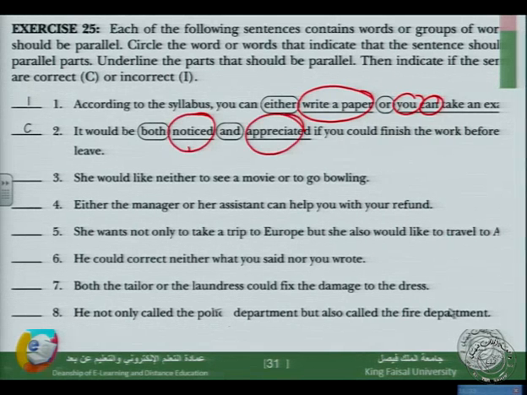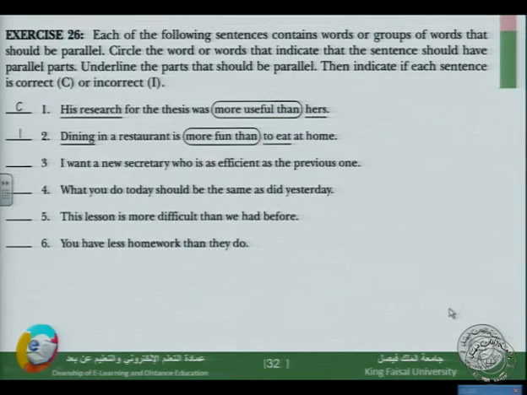The second: it would be both noticed and appreciated if you finish the work before you leave. Noticed, appreciated: adjective, adjective. And here we said that we can also make a parallel structure by using comparison. Remember? Notice the first sentence: his research for the thesis was more useful than hers. His or hers.